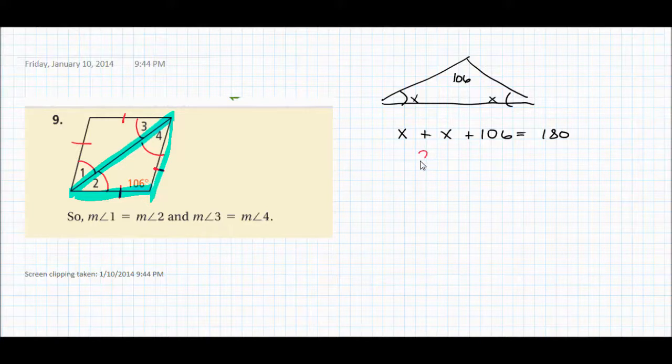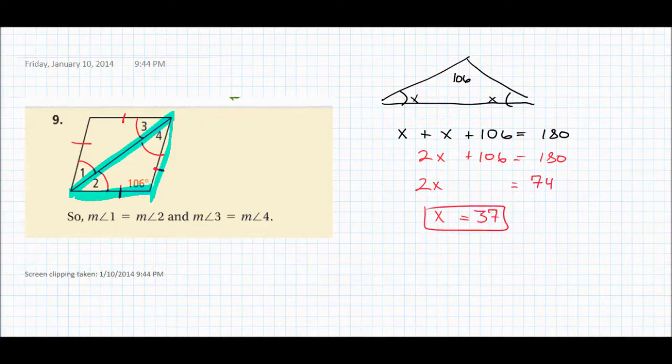Sum like terms, it makes 2x plus 106 equals 180. So 2x equals, we subtract 106 on each side, so it equals 74. Divide each side by 2 to get x by itself. We get x equals 37.